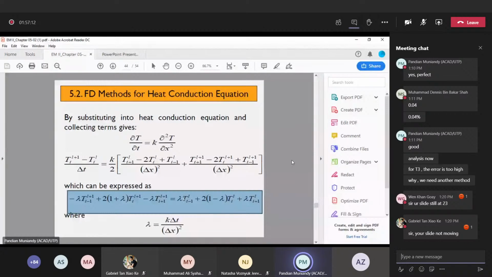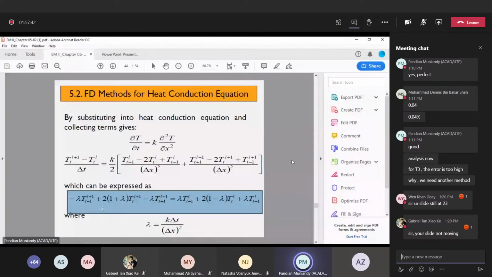Minus lambda T superscript L plus 1 subscript I minus 1 plus 2 multiplied by 1 plus lambda T superscript L plus 1 subscript I minus lambda T superscript L plus 1 subscript I plus 1 equals lambda T superscript L subscript I minus 1 plus 2 multiplied by 1 minus lambda T superscript L subscript I plus lambda T superscript L subscript I plus 1.